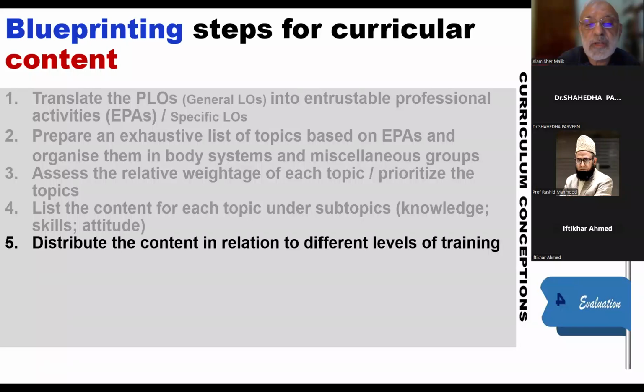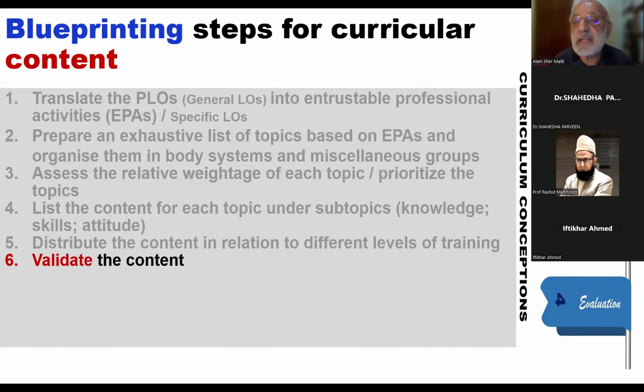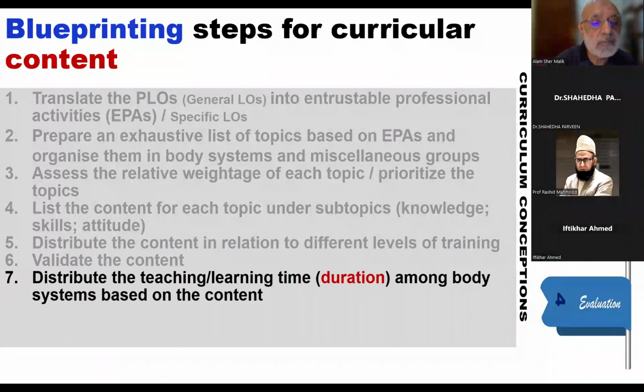Then distribute the content in relation to different levels of training, meaning year 1, year 2, year 3, year 4, year 5. Then validate the content. So although we have worked on that, we have identified some content, but we need to validate that content. We'll go into the detail how to do that.